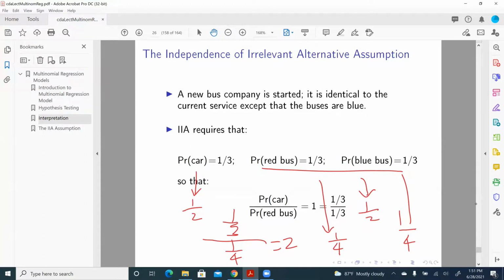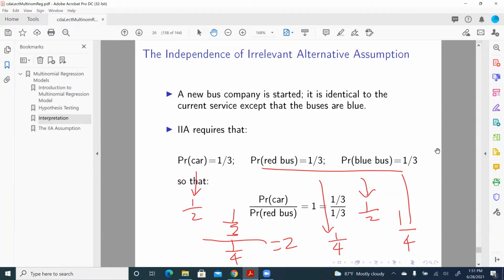This is a very simple example to explain the IIA assumption, and in practice it can be more complicated. But the simple idea is that for the IIA assumption to hold, we're better off having distinct choices that are different enough and can be differentiated by covariates.